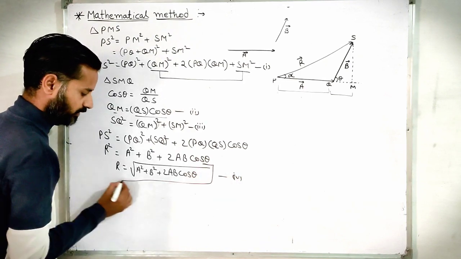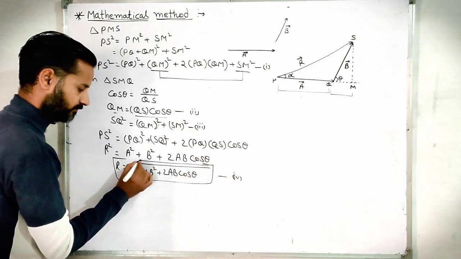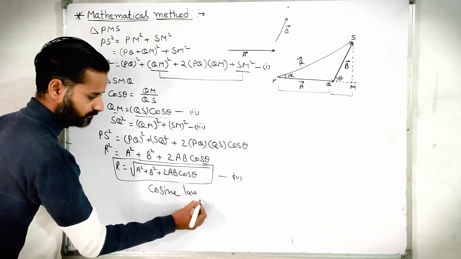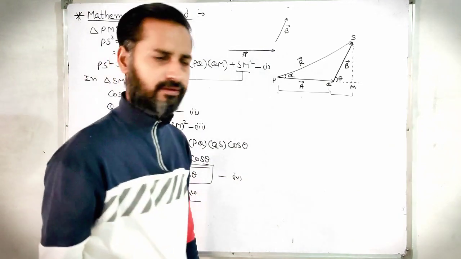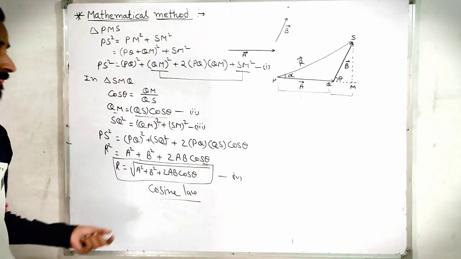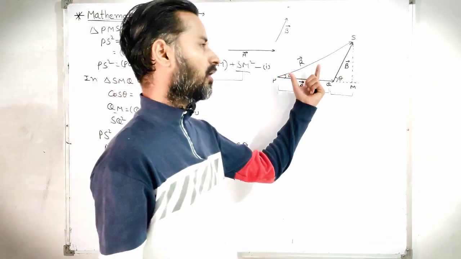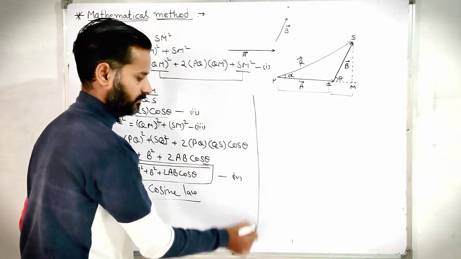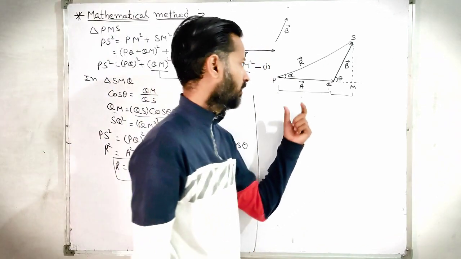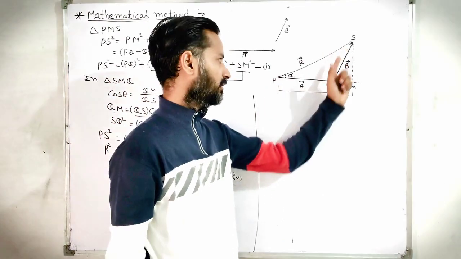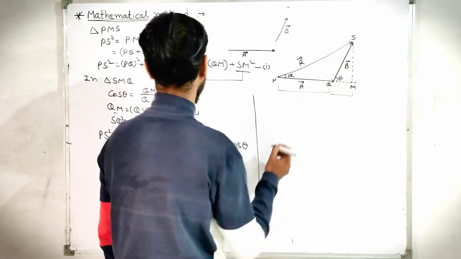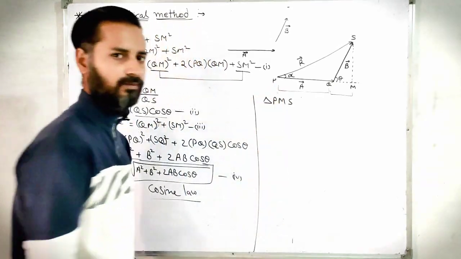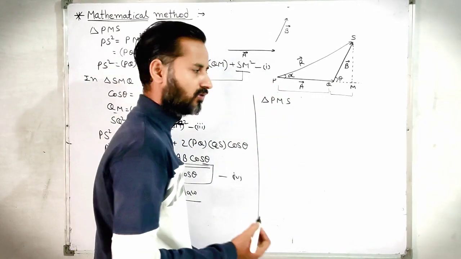This is also known as cosine law. And now we want to find the direction of the resultant vector R. For this, again, in the triangle PSM, for finding the direction we always use tan.